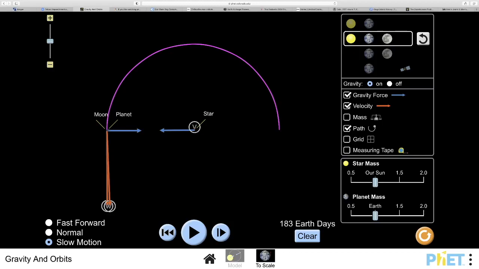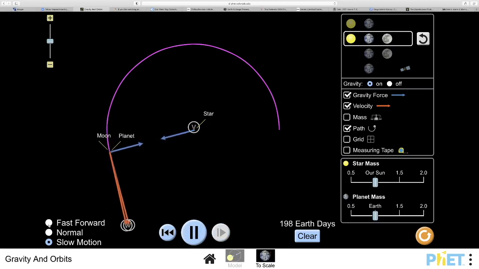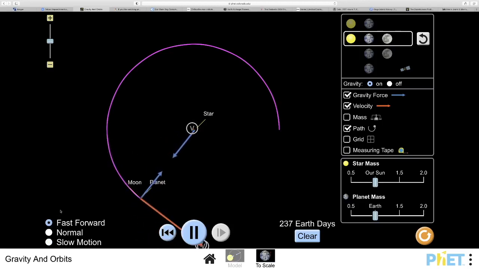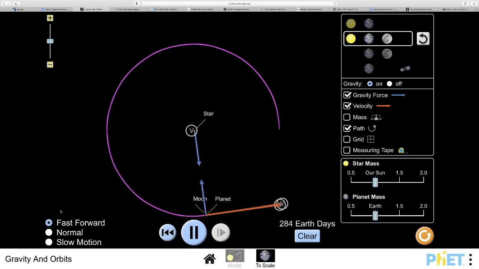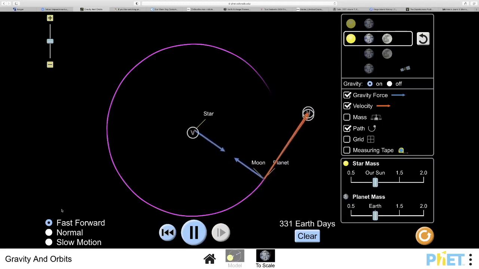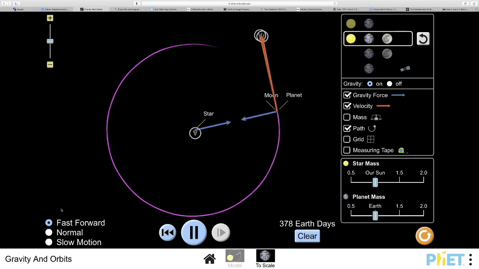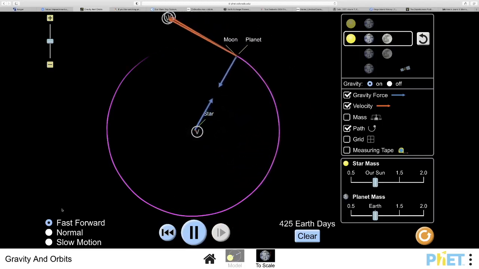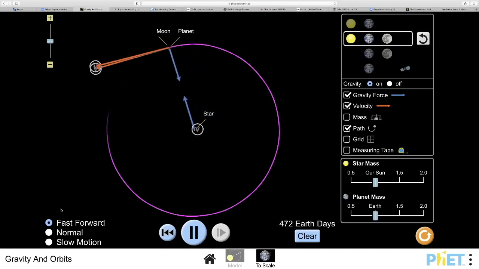Velocity means speed, so you can see how fast. The longer that red line gets, the faster it's moving. So let's give this a shot. And as you might expect, the gravity and the velocity of the Earth as it goes around stays pretty constant. Otherwise, we would really notice that.